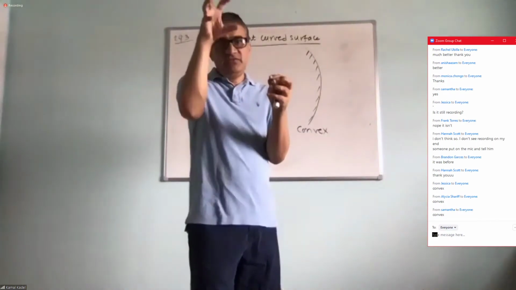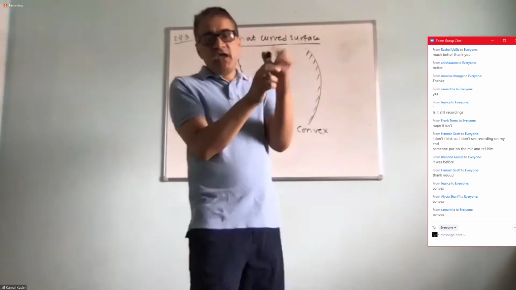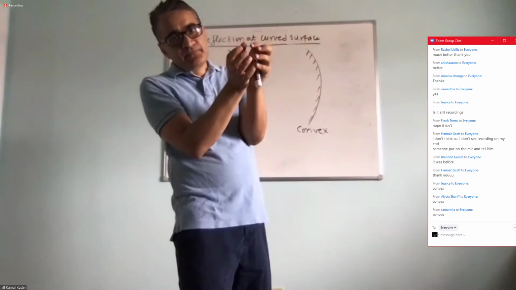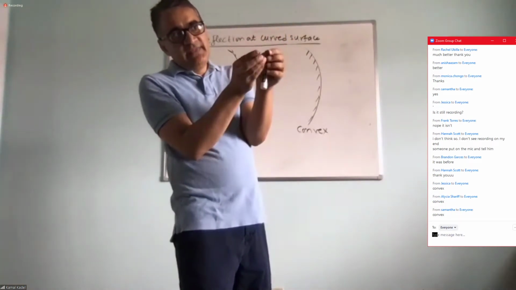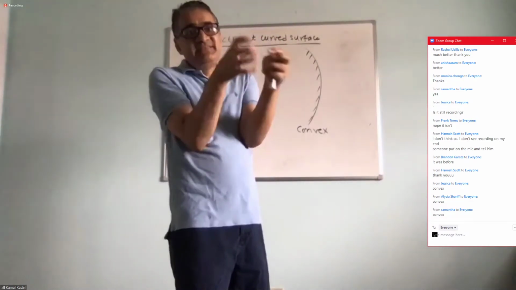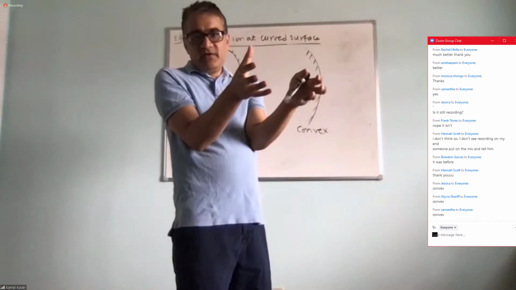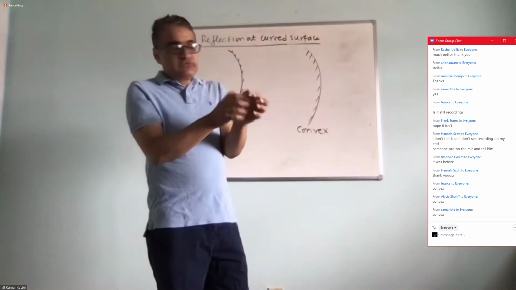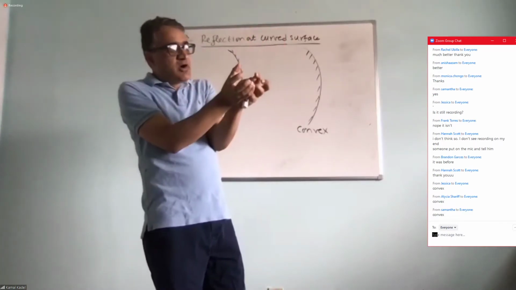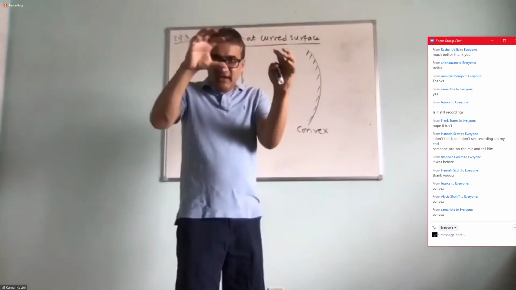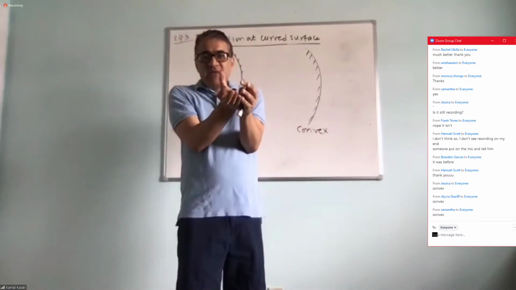Now imagine that whole spherical ball is a mirror, the reflecting surface. That is convex, because it bulges outward. You understand my whole point?